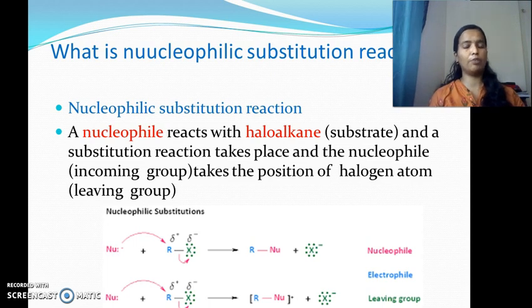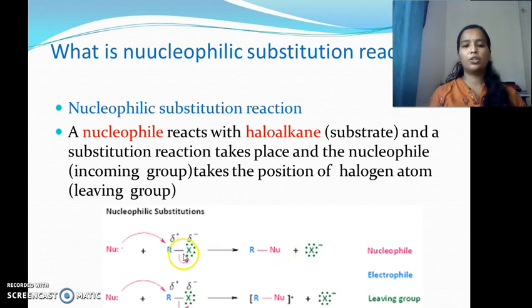We'll make it clear. A nucleophile that is rich in electrons will react with an alkyl halide or haloalkane. The halogen atom has partial negative character and the carbon atom gets partial positive character. As a result, when the nucleophile attacks the haloalkane, this negatively charged nucleophile attacks the positively charged carbon atom, forming a bond, R-Nu.